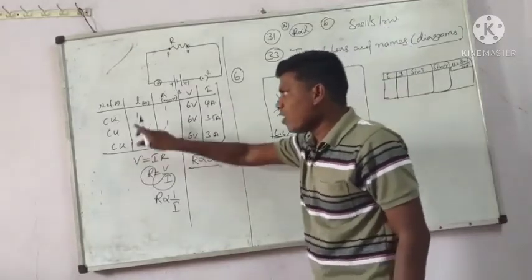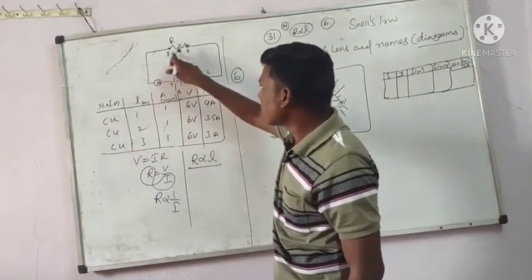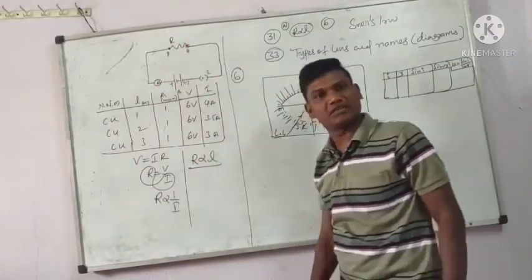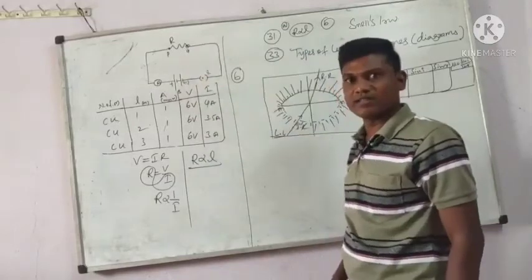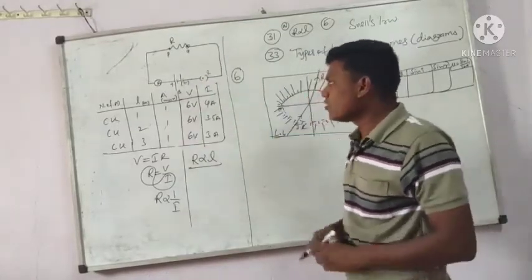Now, first the 1 meter length of copper wire is introduced between the P and Q gap in the circuit. That is the R in the circuit.